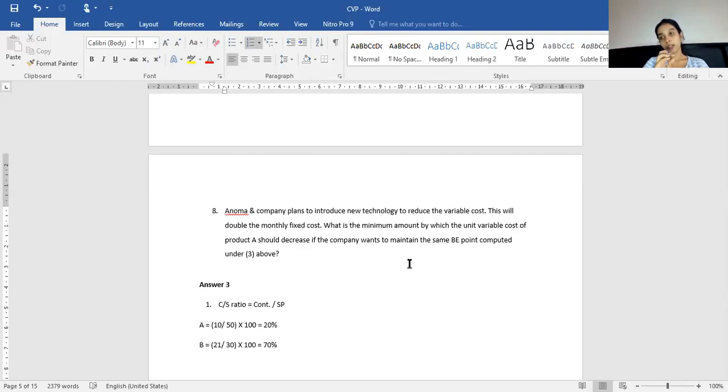So if they want to maintain the same break-even point in units, by how much should the variable cost be reduced if the fixed cost is getting doubled during the month? So that is the question.